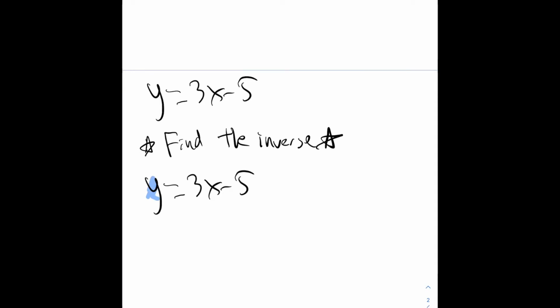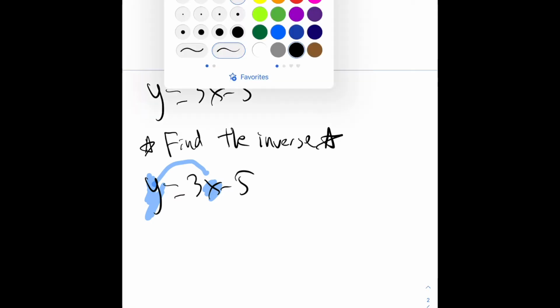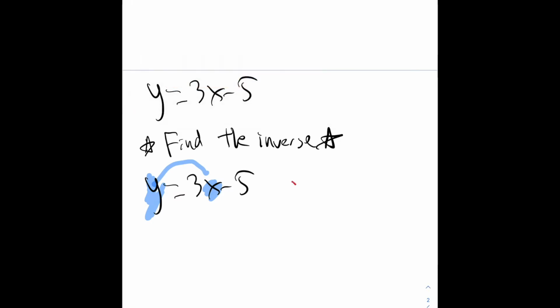I'm going to change where I put my x's and my y's. So I'm going to swap these two out. So if I rewrite it, it's going to be x equals 3y minus 5.